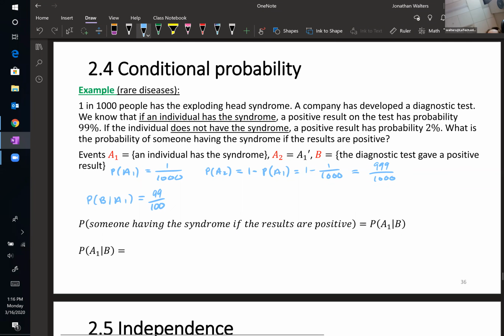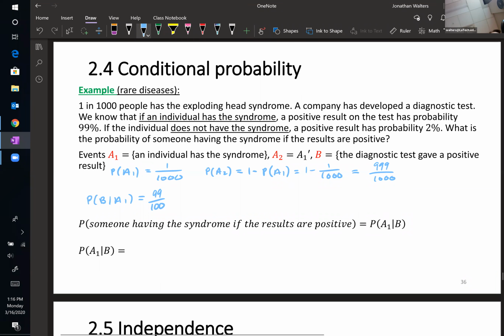So that is the first one. It says, if we know that an individual has the syndrome, a positive result on the test has a probability of 0.99 or 99%. So that's the probability of a positive test result given that they have the syndrome. So 99% of the time we can correctly give a positive result if we already know the person has the syndrome.